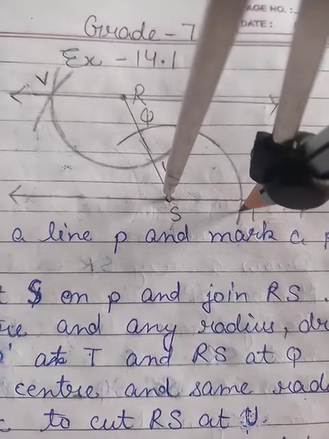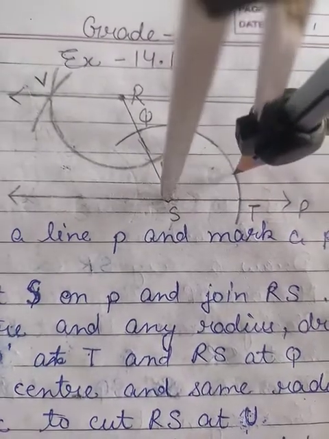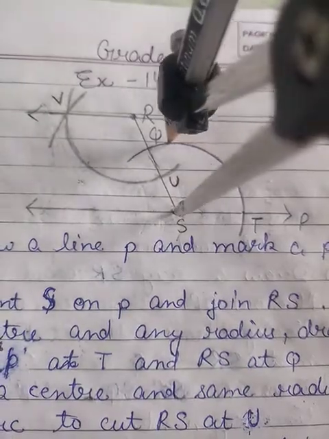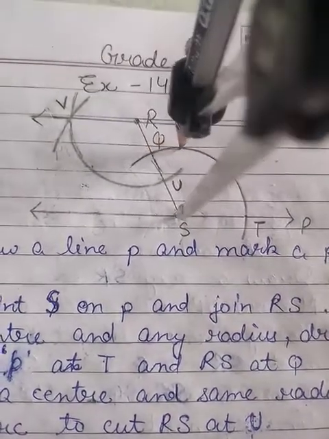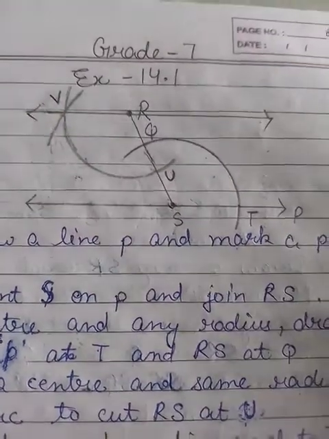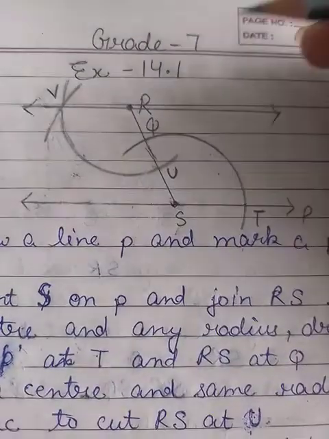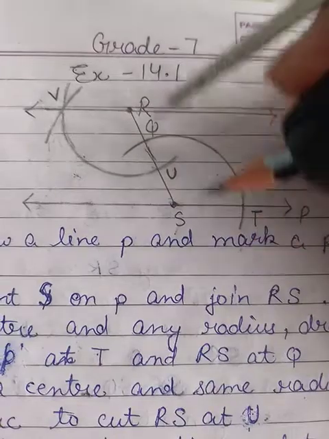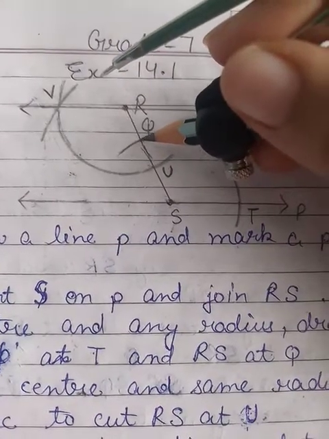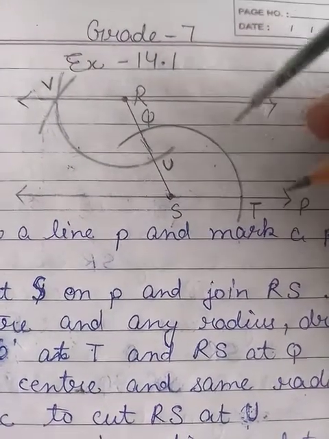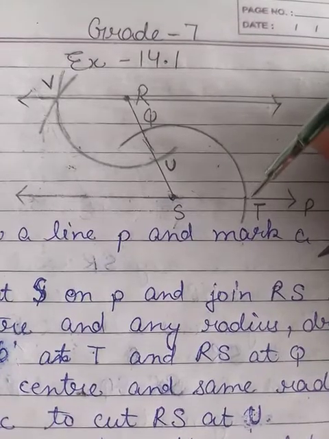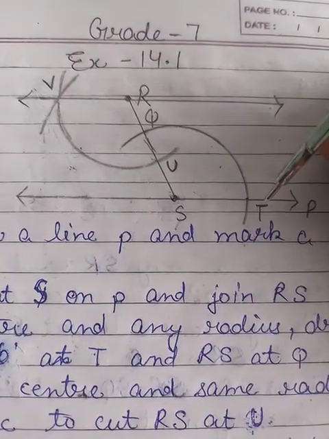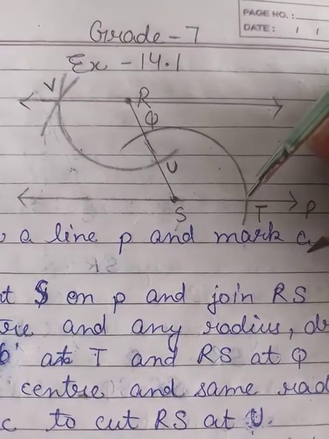With any radius as per your choice, you mark an arc like this. Where the arc intersects RS, and where it intersects the line P, we need to give names and mark those points.